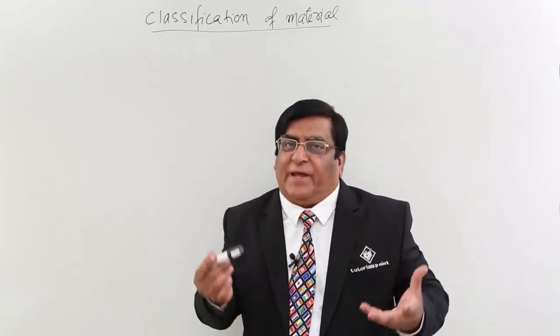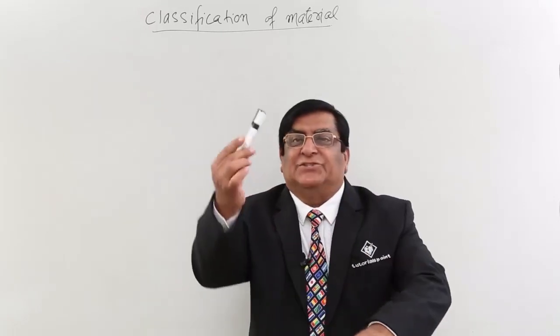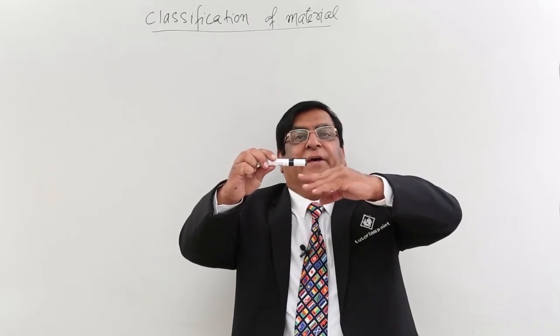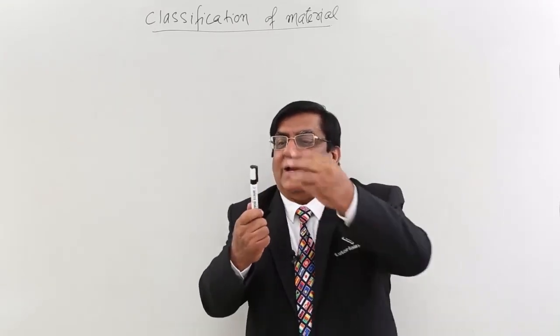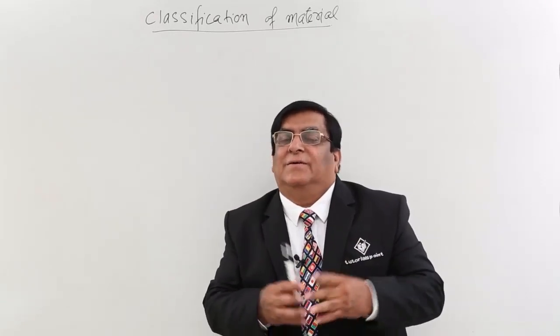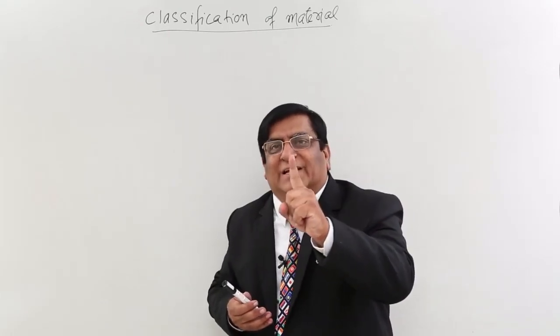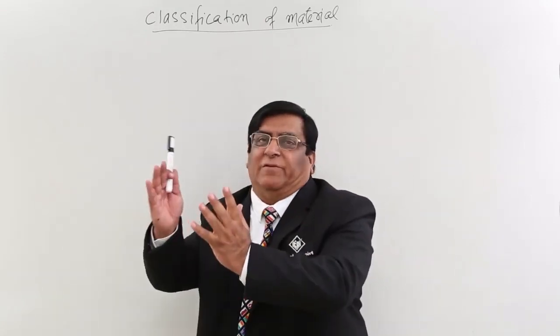Okay, it should happen every time. Now when I do it with the plastic, it gets charged and now it is not going to earth, it is showing its force everywhere. Why it has not gone in case of plastic and why it has gone in case of copper? The answer is, okay, we don't have a single answer, and when we don't have a single answer, we classify. Few things behave like this, few things behave like this.